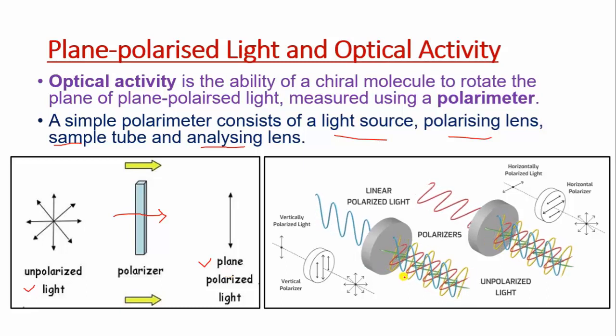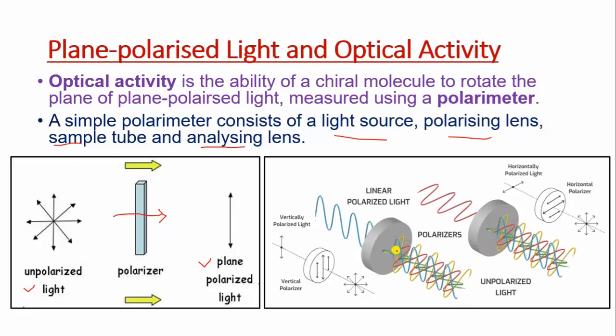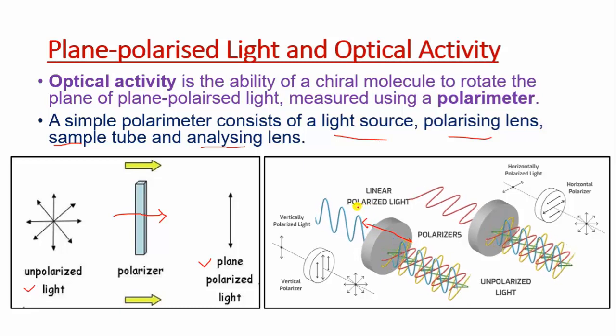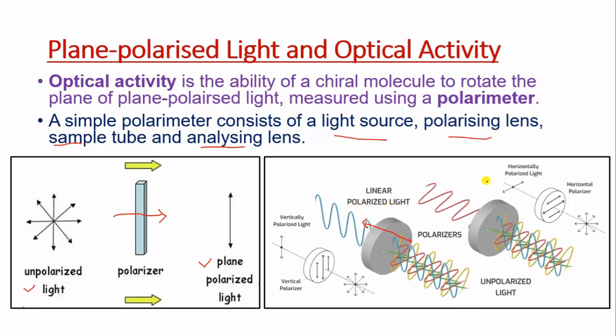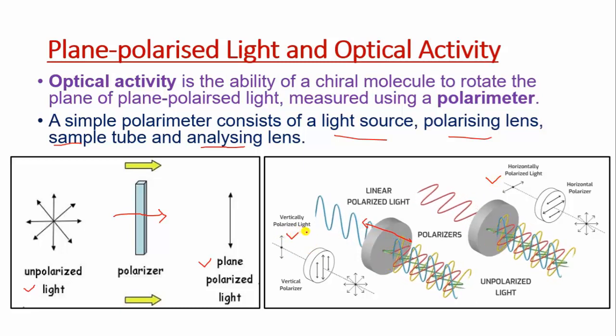You can see here in the animated diagram the ordinary light passes through the polarizer and is converted to polarized light. It may be horizontal or it may be vertical.